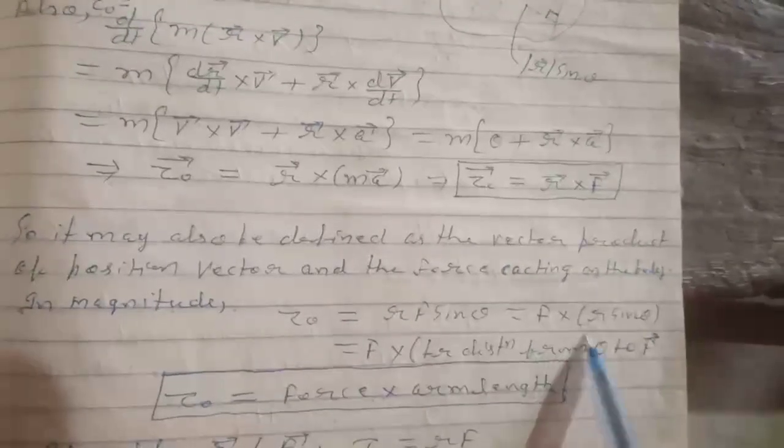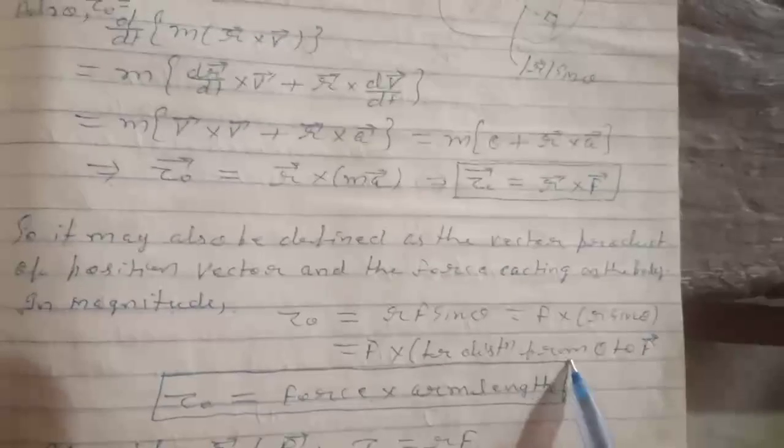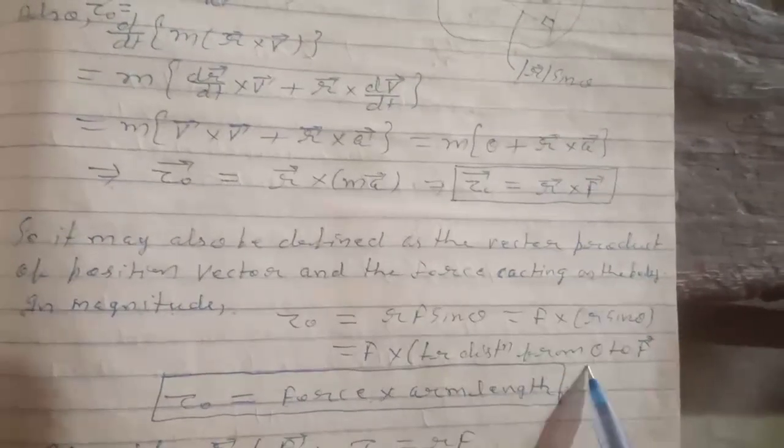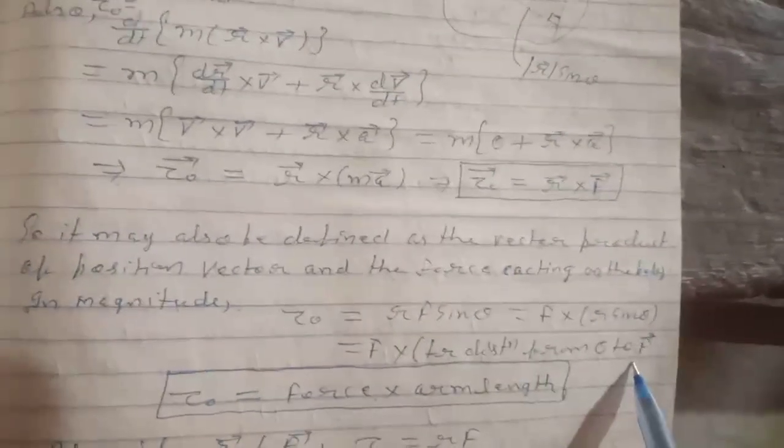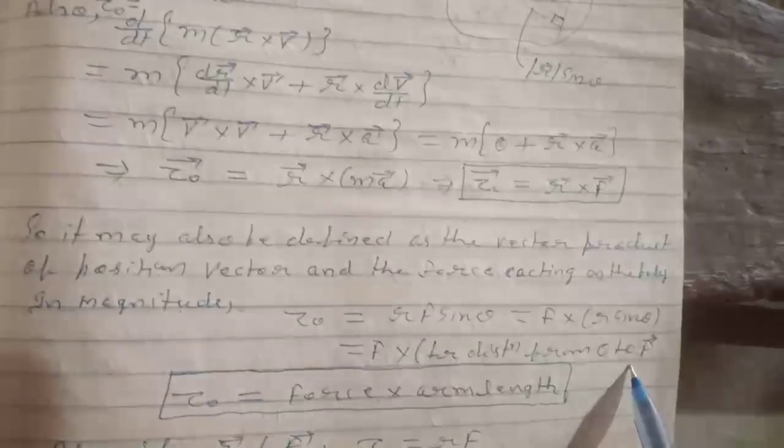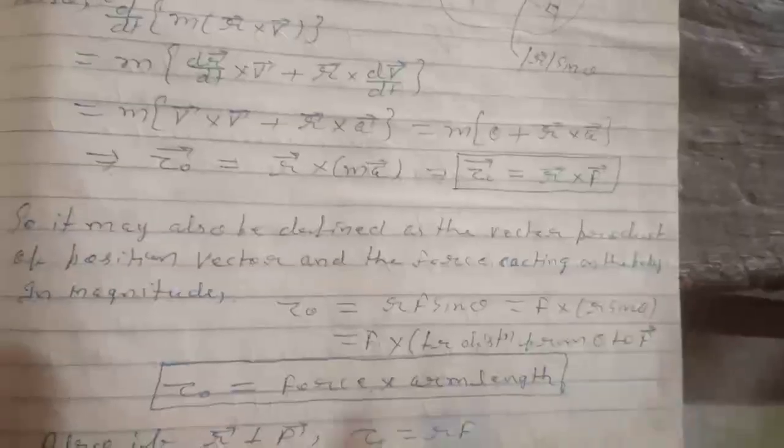Mathematically, tau 0 equal to rF sin theta, or F into r sin theta, or F into the perpendicular distance from point O to F, or force into force arm length.